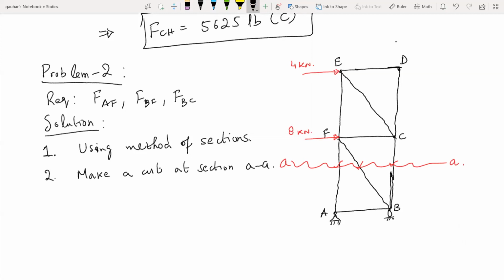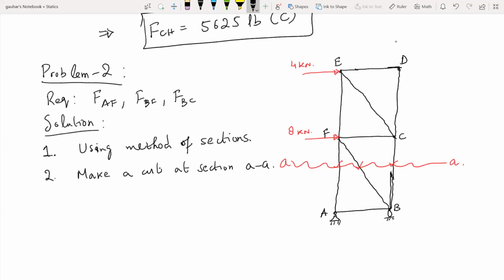Okay, now next question is, do we analyze the top part or the bottom part? Now, if you look here, we have three support reactions, two support reactions at point A and one support reaction at point B, right? So if we take the bottom part, then we need to find out the unknown support reactions first. So we don't want to do that. So to ease our analysis, we'll take the top part, right? Because if you take the top part of the truss, then you do not need the support reactions, right?